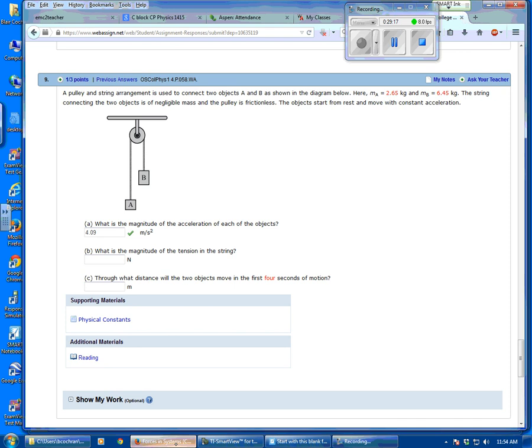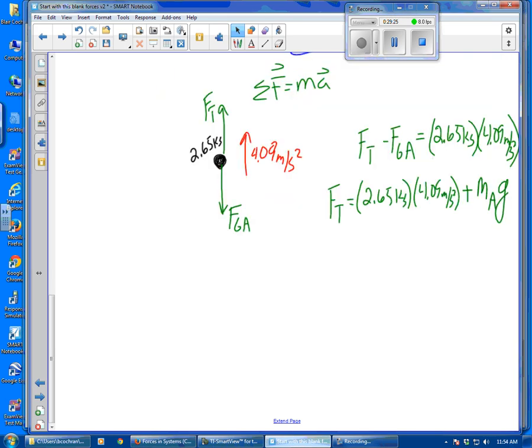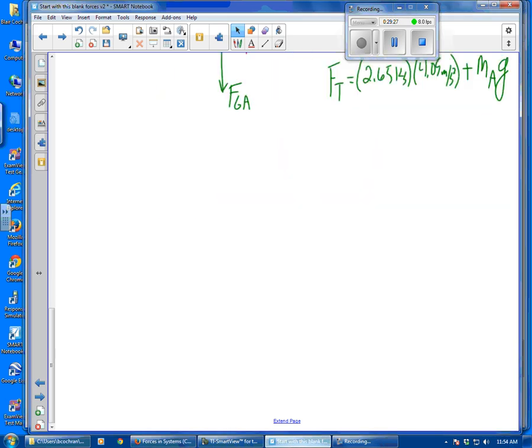Then they want to know, through what distance will the two objects move in the first 4 seconds of motion? So for that, we need to remember our way back and use D equals D naught plus V initial T plus 1/2 A T squared. The initial velocity is 0, D naught is 0.